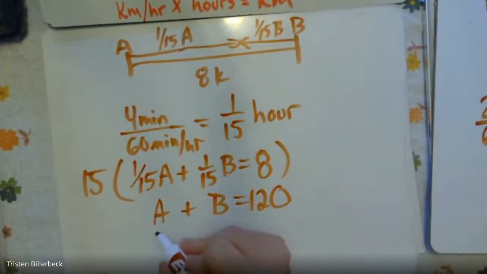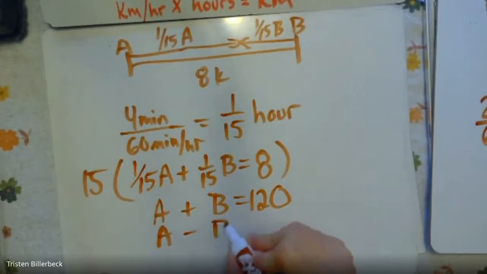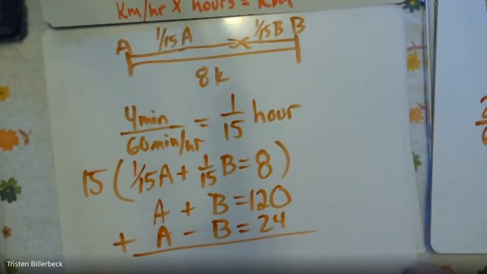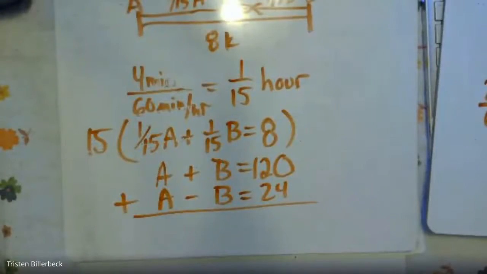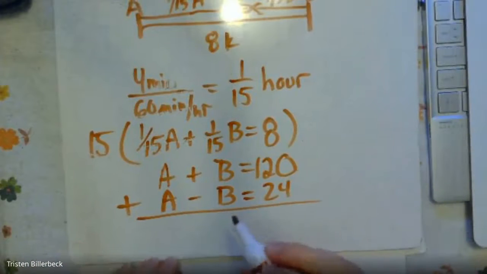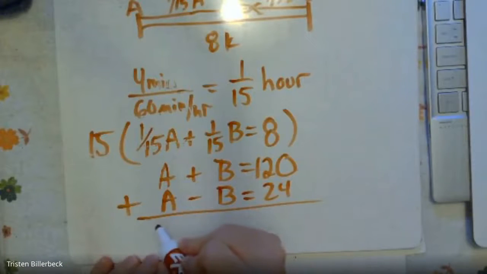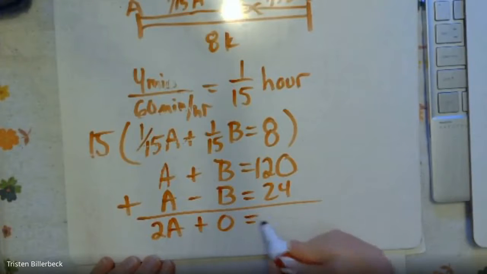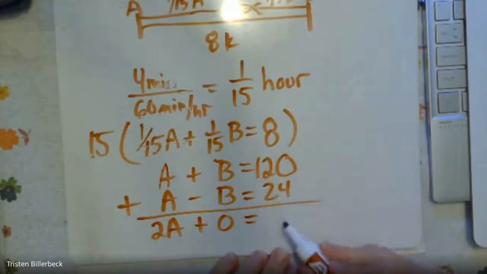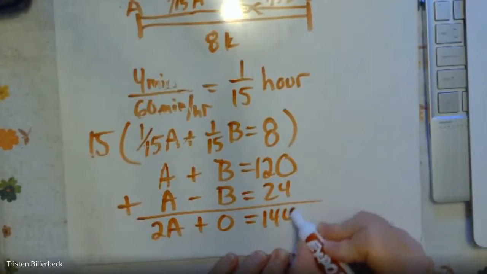Okay, now I'm going to put the two equations together. And I'm going to add them and use elimination. So that gives me 2A plus 0 equals, and then this is 144.